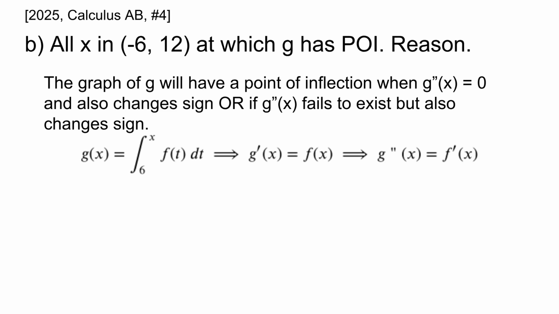G of x equals the integral from 6 to x of f of t dt implies that g prime of x is f of x, which implies that g double prime of x is f prime of x. F prime of x equals 0 implies that x is either -3 or +3.